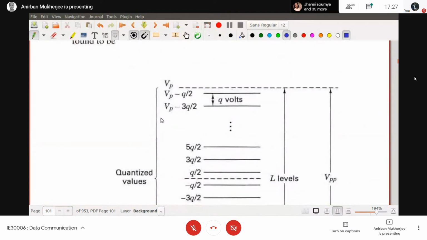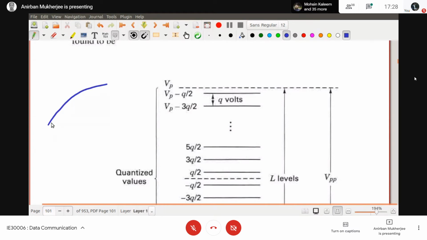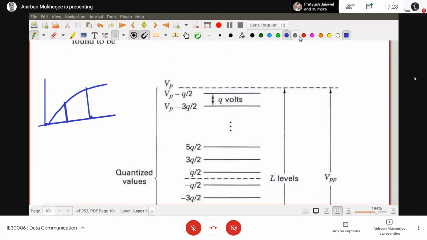Say I have a signal, and I am just drawing it here, like this. Say I am sampling it at this instant, and this is my quantization level, and this is another quantization level.